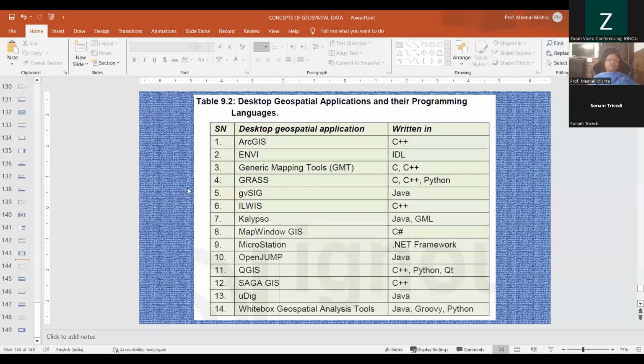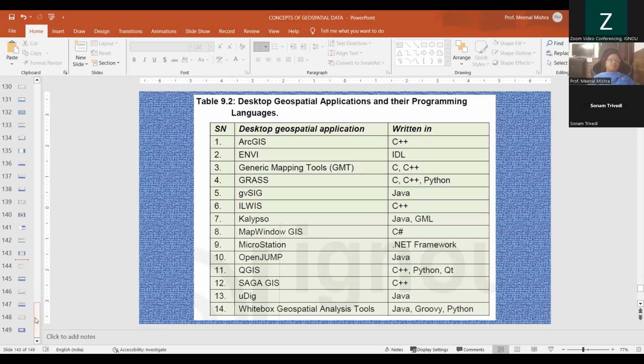And all these software which are used for geospatial applications are based on programming languages. ArcGIS is written in C++. ENVI is written in IDL. GRASS is written in C, C++, and Python, ILWIS in C++, and then QGIS in C++, Python, and Qt.